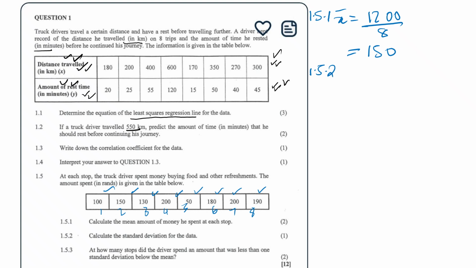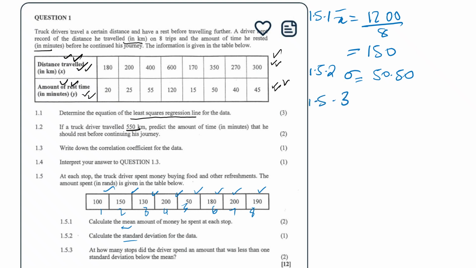It is very important for you to punch this in your calculator to find the mean, because the following question, 1.5.2, says calculate the standard deviation of the data. It is very simple because you've already punched this data onto your calculator and found your mean. Now it's time to find the standard deviation. You just press it onto your calculator, and the standard deviation is equal to 50.50.